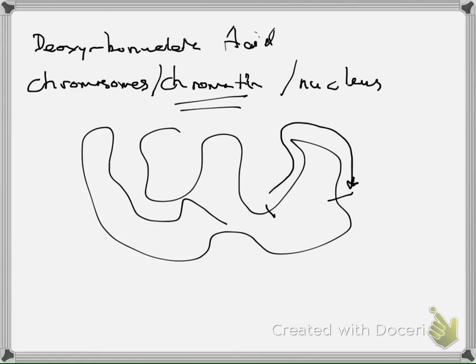The basic building block of DNA and RNA is a nucleotide. And a nucleotide consists of what? There are three molecules associated with a nucleotide. Okay, a sugar.